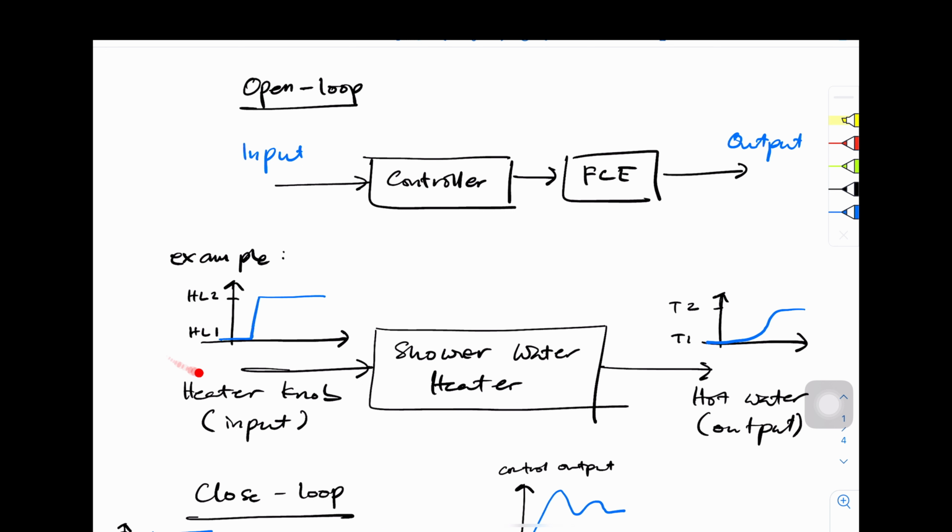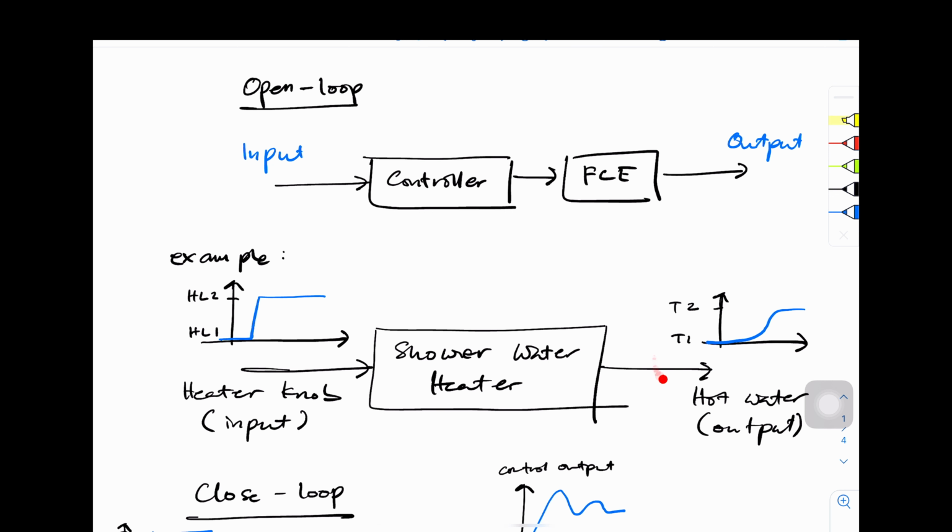As a user, we're going to change the heater knob from heat level 1 to heat level 2. This is what we call the manual input, or the manual set point.